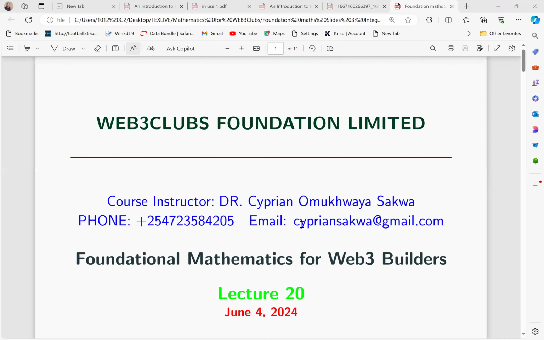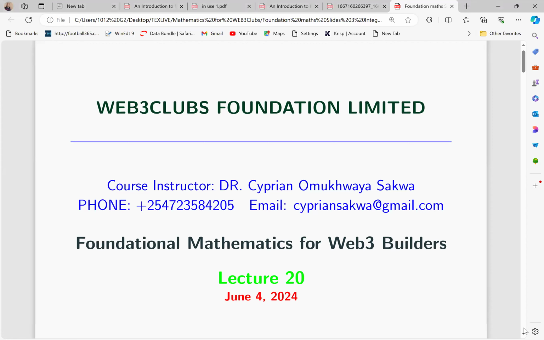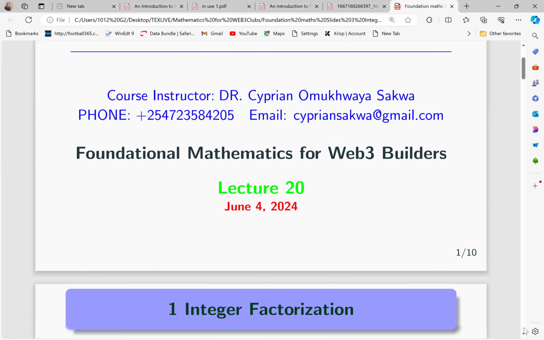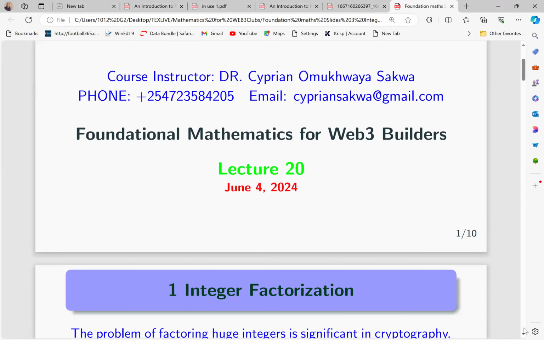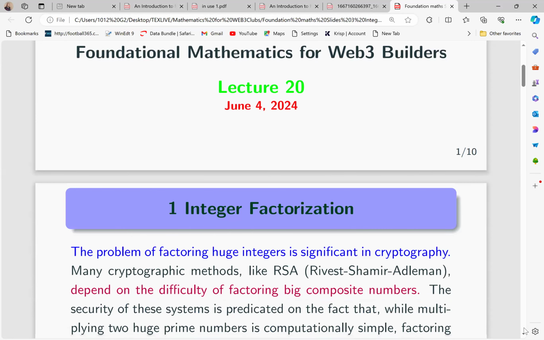You understand that is the trick RSA uses: you multiply two bigger prime numbers, knowing that nobody can factorize to get back the prime numbers. But it was then discovered there are many ways of factorizing those numbers, and that is what we shall be looking at today.